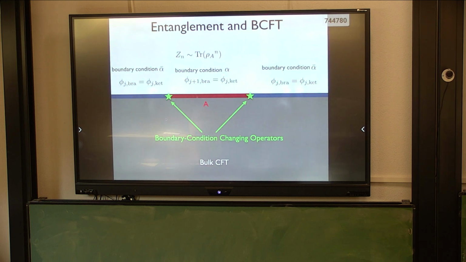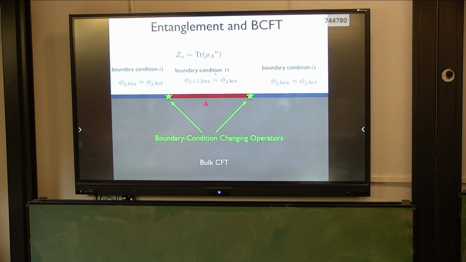But in the red region, first you obtain the reduced density matrix by taking the partial trace outside the red region, then take its nth power, then take the trace, which means that each row contains bra and ket, and by taking this nth power, the ket field of the j-th replica is smoothly connected to the bra component of the (j+1)-th replica. So this is the boundary condition you impose in this red region.